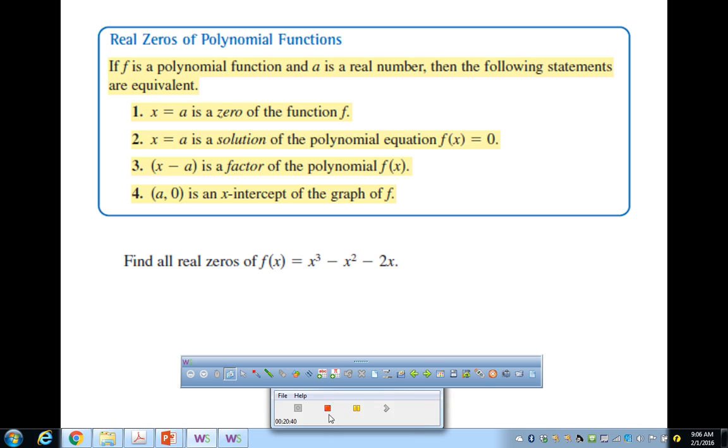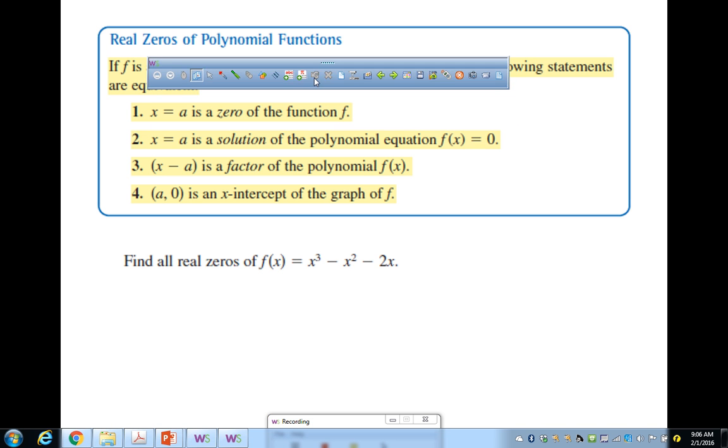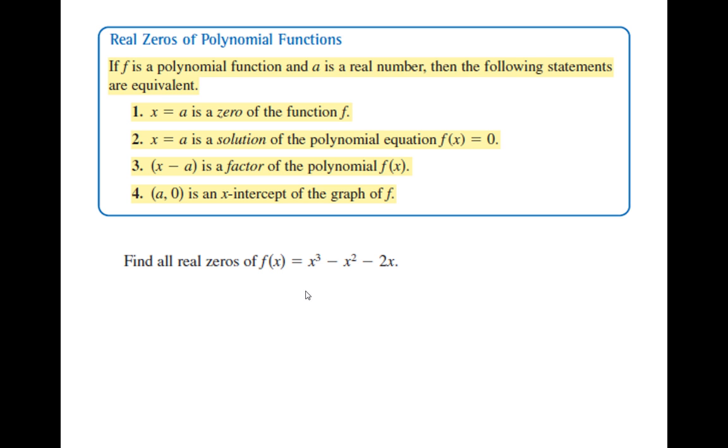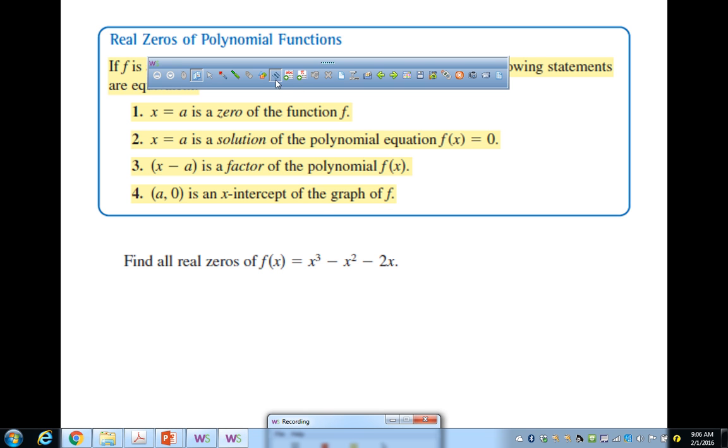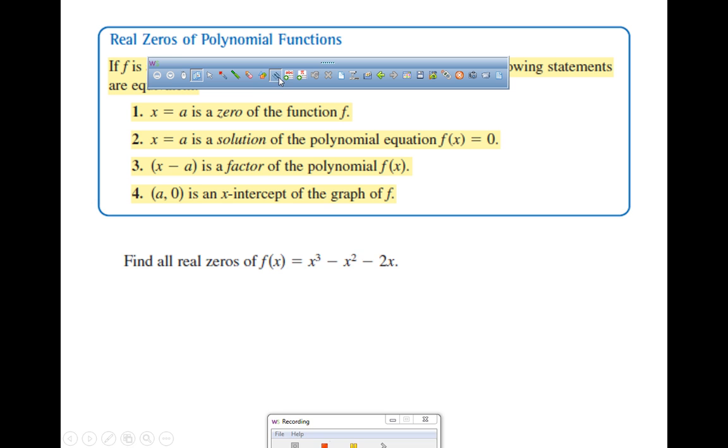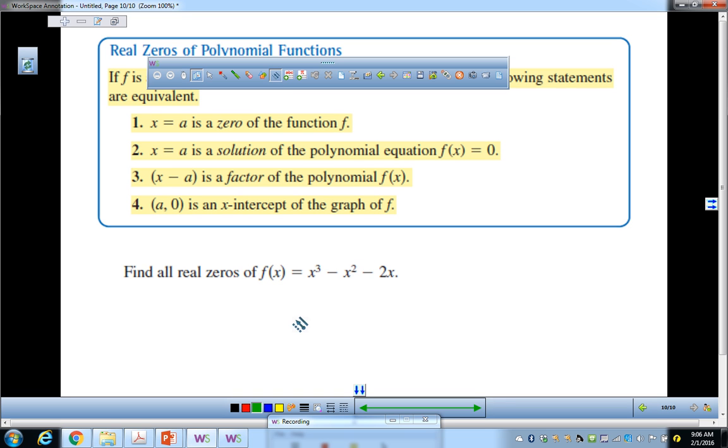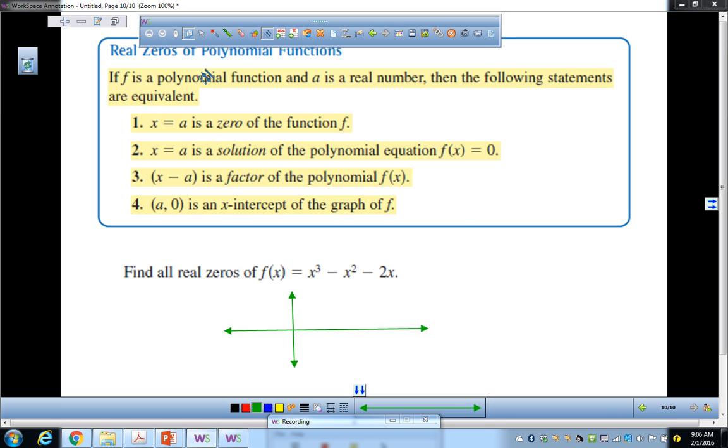Find all real zeros. Oh my goodness. Okay? So if you have to find all real zeros, really what you have to do is factor it. And you did this on your last test more or less. If I were going to find all the zeros of this function, I would set this thing equal to 0. What can I pull out of x cubed, x squared, and x?